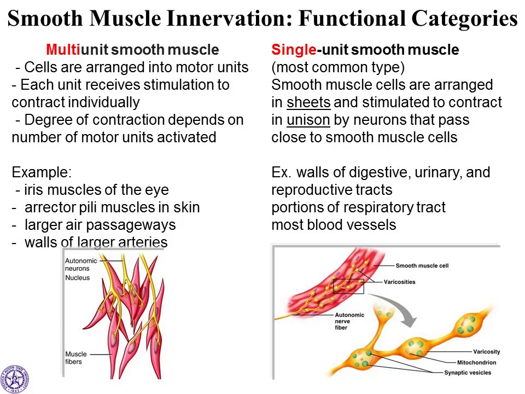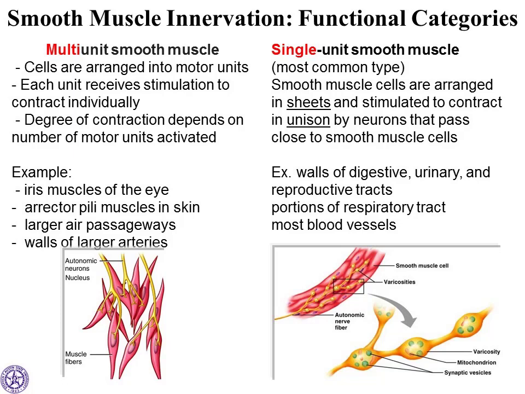In our single unit, also called unitary smooth muscle, these are tied together with gap junctions. So when one undergoes an action potential, they all undergo an action potential. And even though we don't have individual axon terminals impacting on these cells, we have individual axons that run through the entire layer.